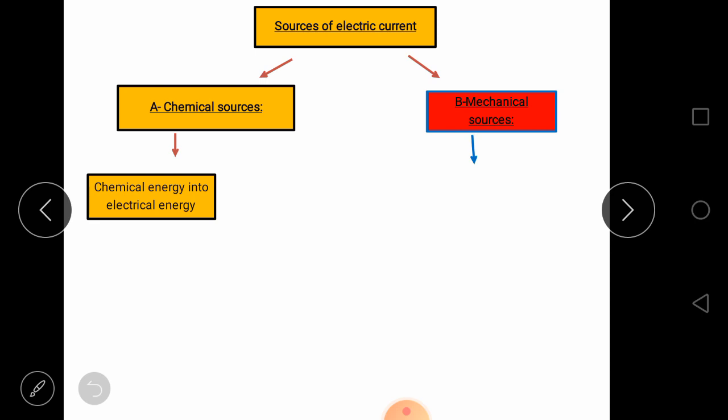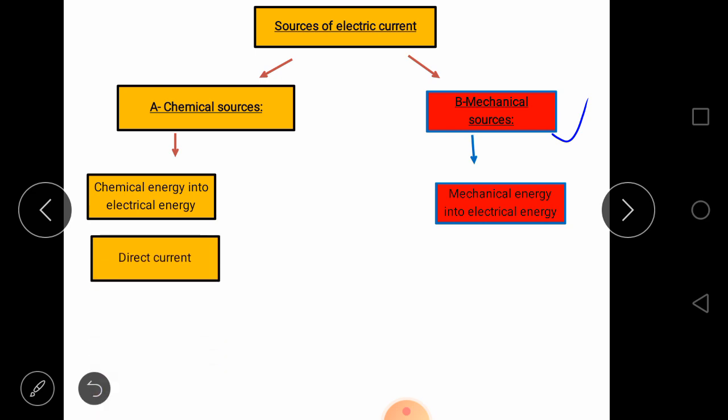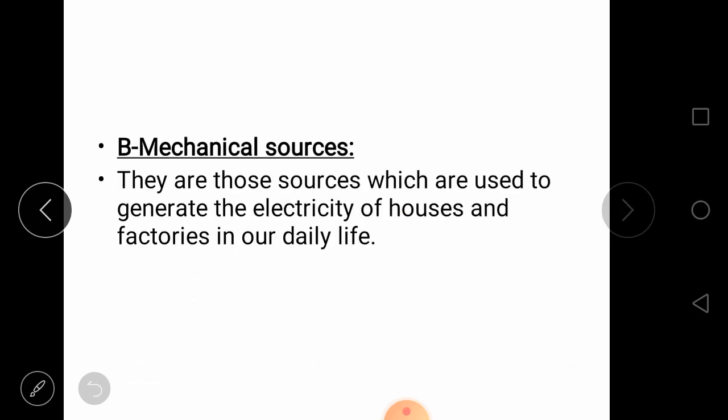They convert the chemical energy into electrical energy, and here the mechanical energy is converted into electrical energy. The current here is called direct current, and here the current is called alternating current, or sometimes induced current, or wrongly translated as effectual current.